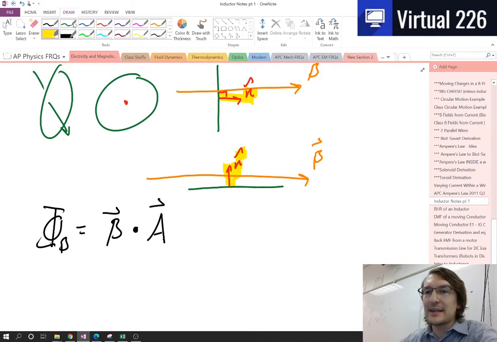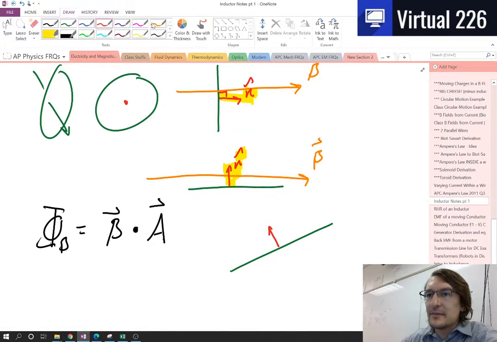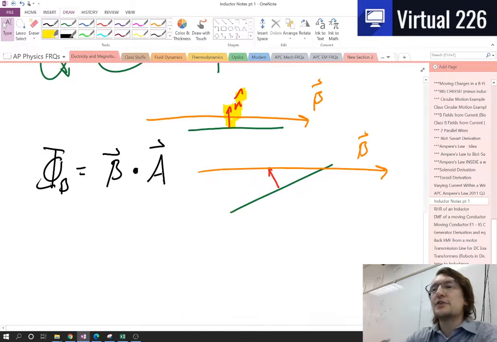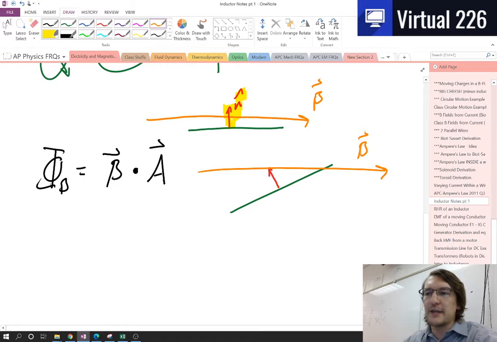If we had our hoop slightly tilted so that our normal was pointing up like this, well, we would catch some of that B field. So the dot product here does indeed matter. We do need to look at the angle between the normal vector and the B field. What is the angle that our hoop, or whatever shape or surface area we're going through, how much has that been tilted? So kind of a neat thing there.